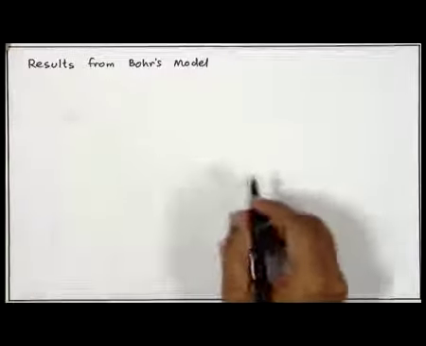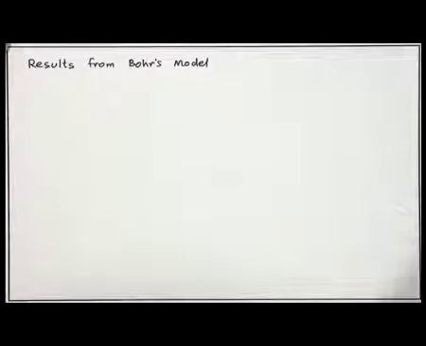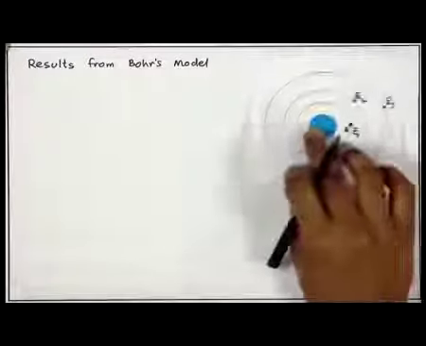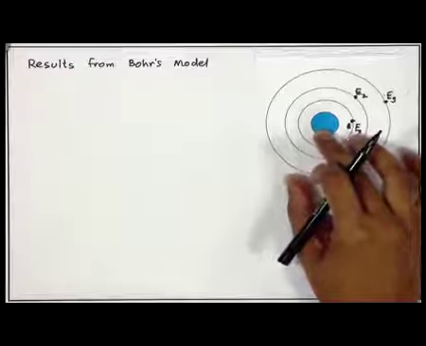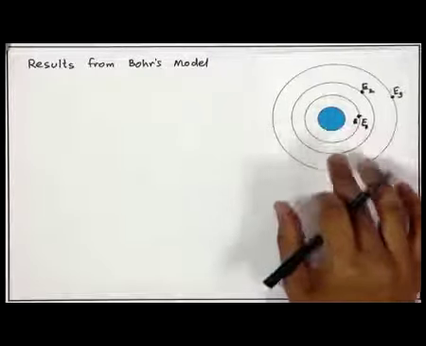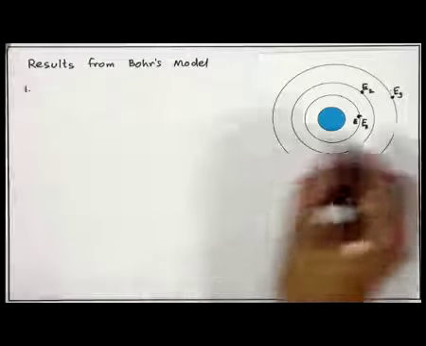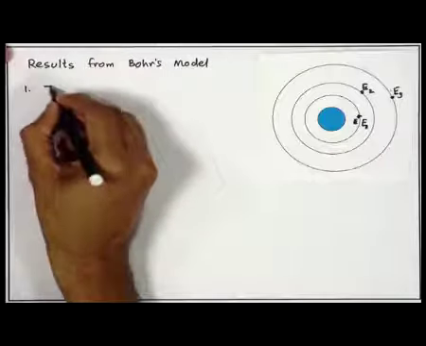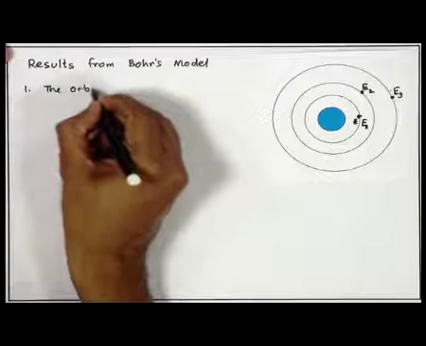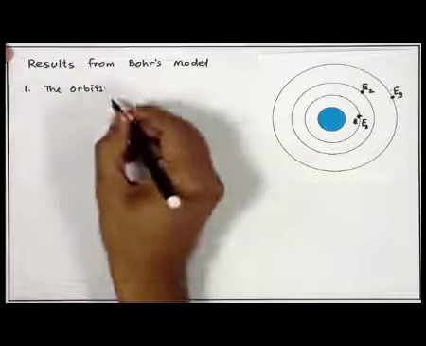The first key factor is that Niels Bohr assumed this Bohr's atomic model picture. The first thing is that there are several orbits. These are some ground rules.